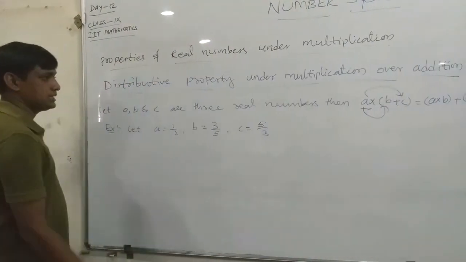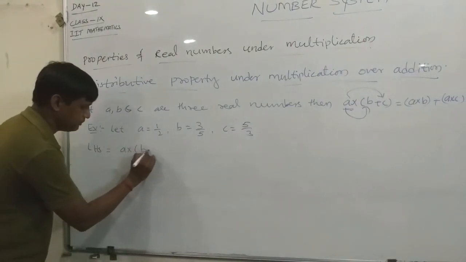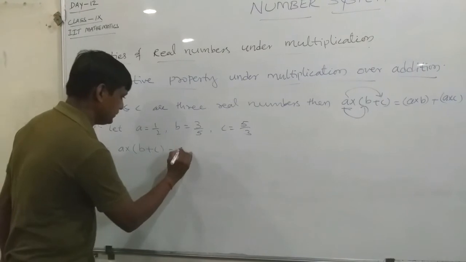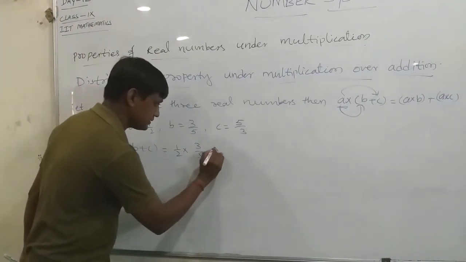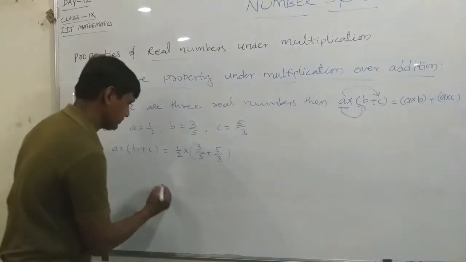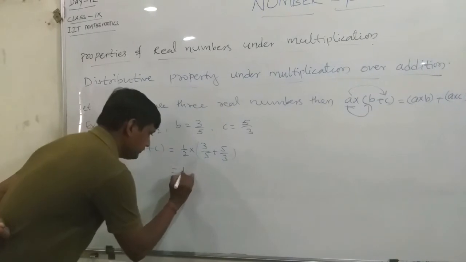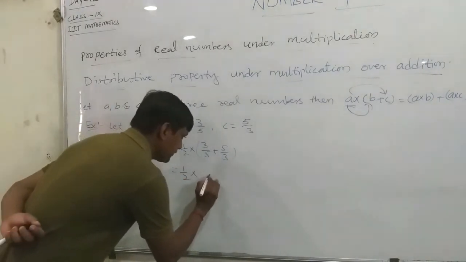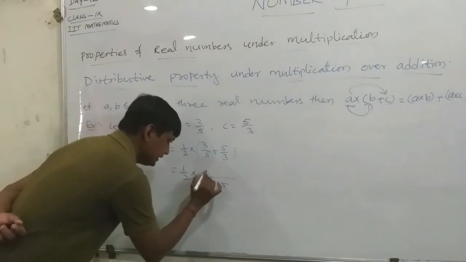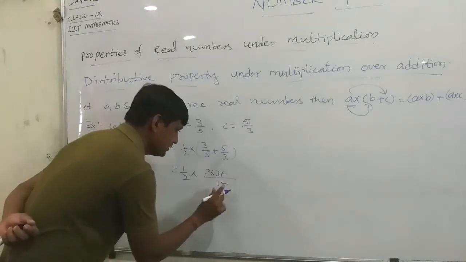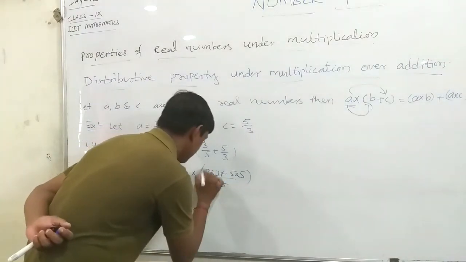Now first I am going to prove the LHS. LHS is equal to a into b plus c, that's equal to 1 by 2 into 3 by 5 plus 5 by 3. First I am going to simplify the brackets. 1 by 2 into, the LCM of 5 and 3 is 15. 15 by 5 is 3, 3 into 3 is 9, plus 15 by 3 is 5, 5 into 5 is 25.